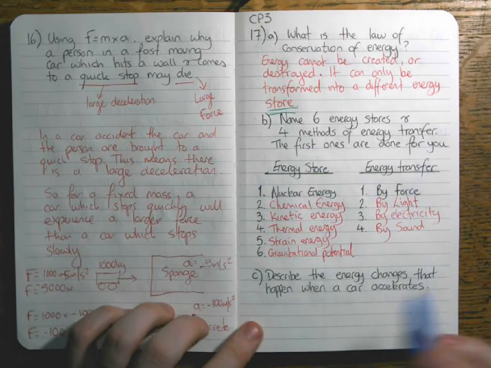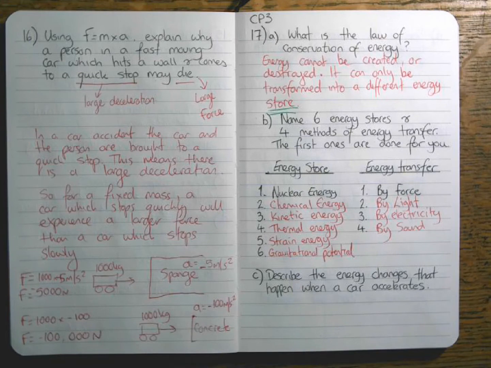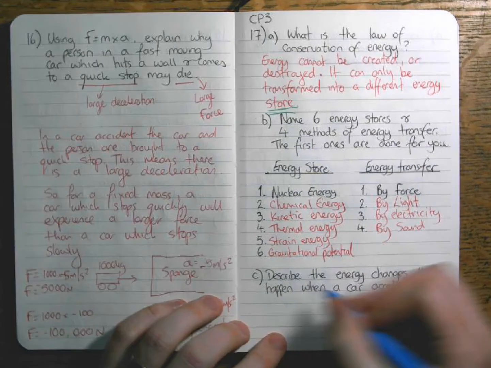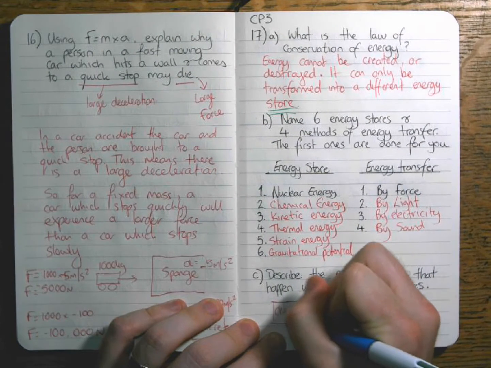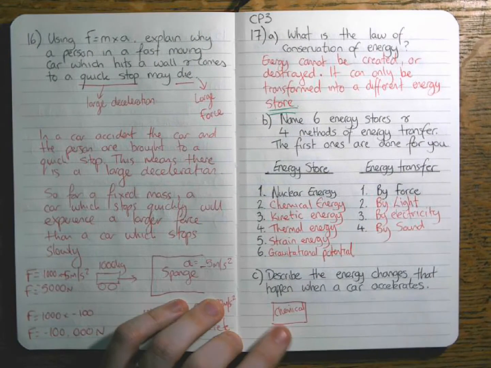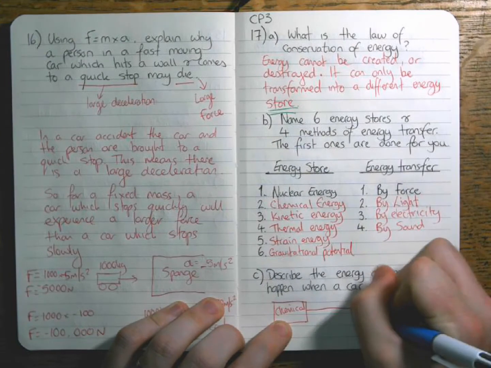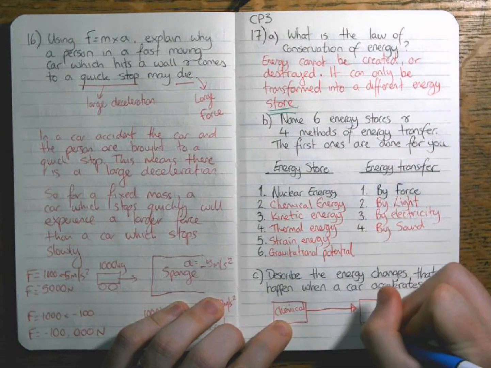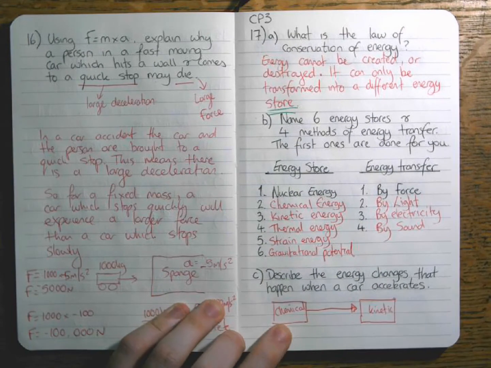Okay, so it's sometimes good to actually draw out what the energy transformation is. In this case, we will be starting with a chemical energy store. That's the petrol or the diesel in the car, and that's going to be transformed into kinetic energy.